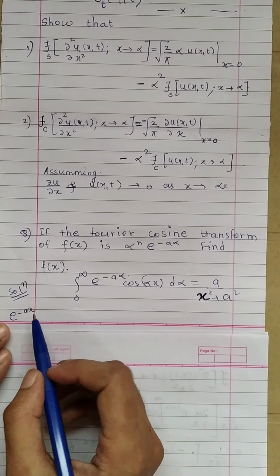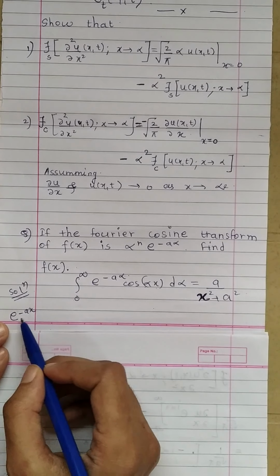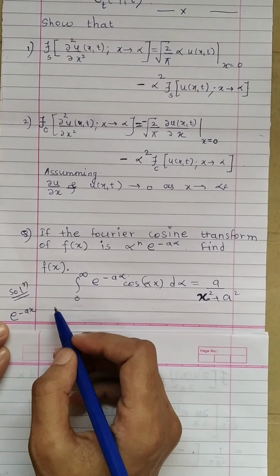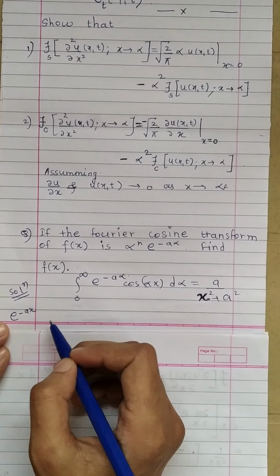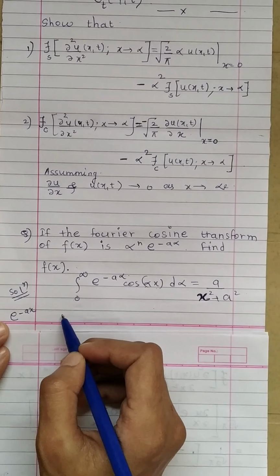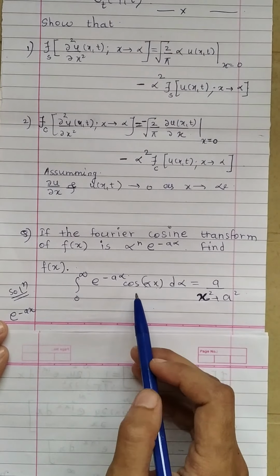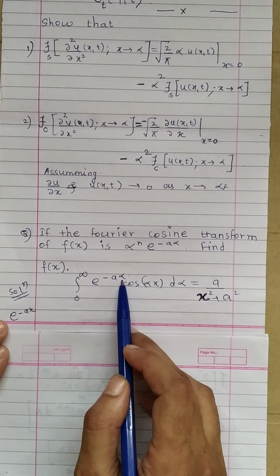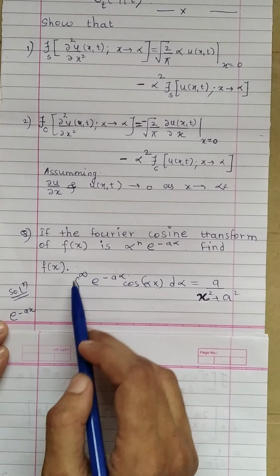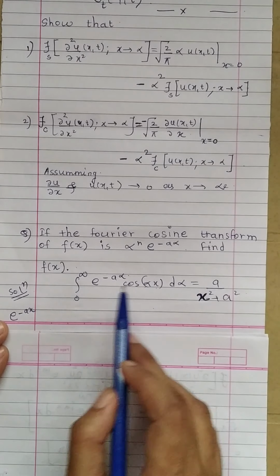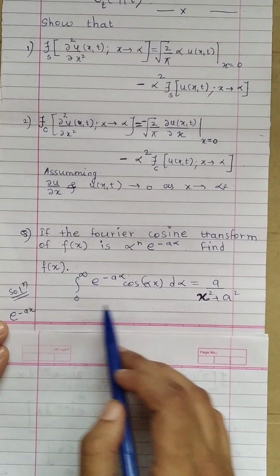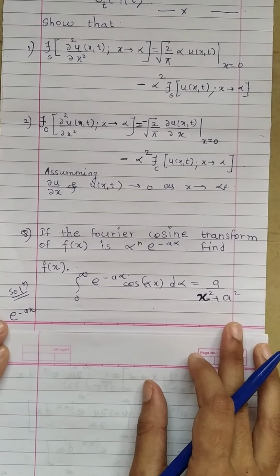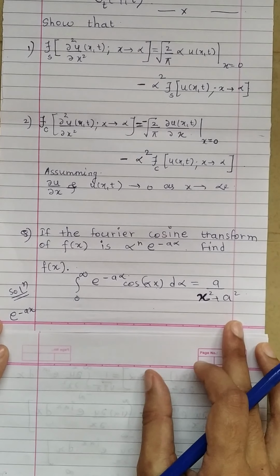So we have already seen that the Fourier cosine transform of this function is given by root of 2 by pi into a divided by alpha square plus a square. What I have done is I have just changed the variable. In place of x I have written it as alpha. So this integral will be equal to this. Here that root of 2 by pi will get cancelled. That constant is manipulated.